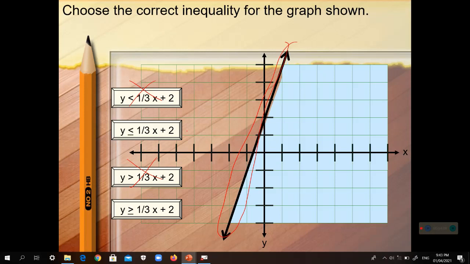But the question is, which part should be shaded if you have this one and if you have this one? Since we have the shaded region below, so therefore, which one is the correct answer? Okay, correct. So we have here y is less than or equal to 1/3 x plus 2 because you have the shaded region below the line. Okay, question?